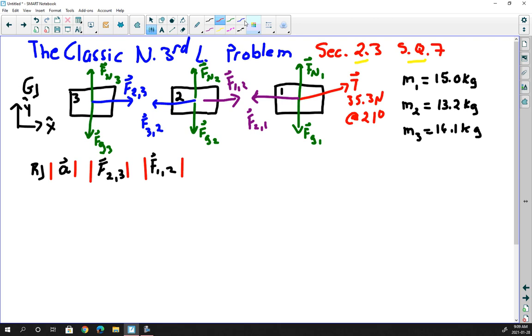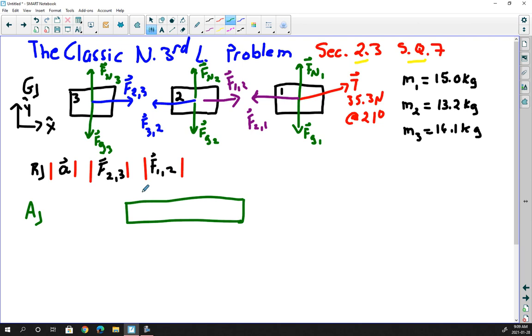So that leads us to analysis. Now, the way I suggest you do this question is consider all of the objects to be one object.